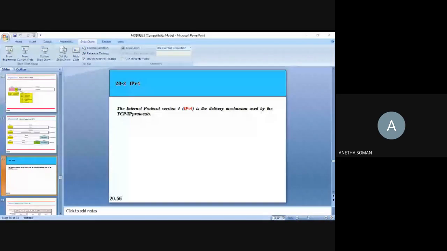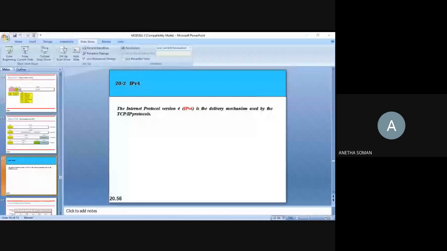And you have other sub-protocols like ARP, RARP, IGMP, etc. Don't forget all these things because that is the whole module. In TCP/IP the main protocol is the networking protocol or the internet protocol.